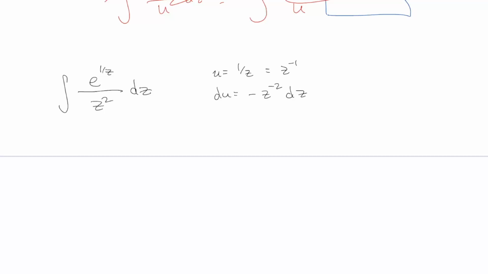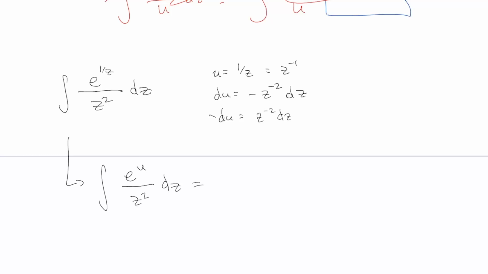And in the spirit of dividing the constant, this minus sign, let's put it on the other side. Negative du is z to the minus 2 dz. All right. And now let's try to plug in the various stuff. So here, when I plug in, the numerator now says e to the u. The bottom says z squared dz.